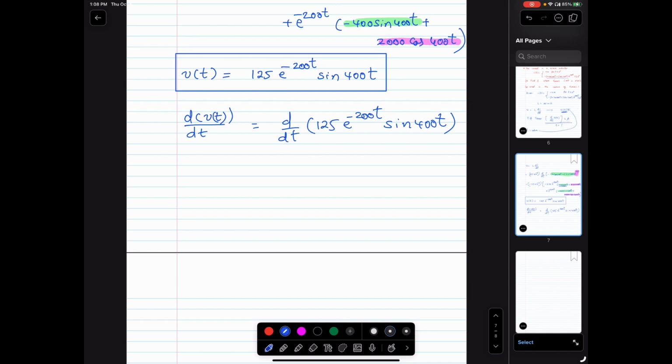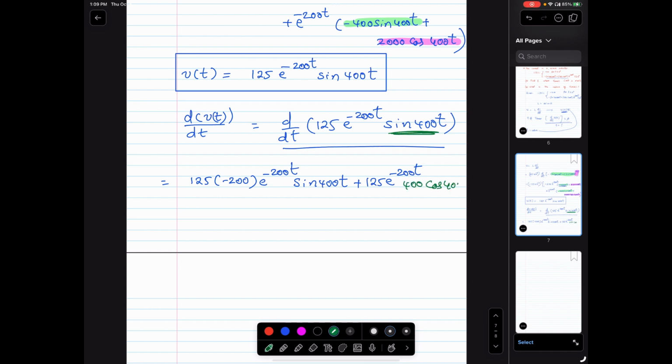Once you apply the chain rule, all of this is going to be 125 times negative 200 times e to the negative 200t, and I leave the sine 400t as is, plus 125 times e to the negative 200t times the derivative of the sine, which is 400 cosine 400t.